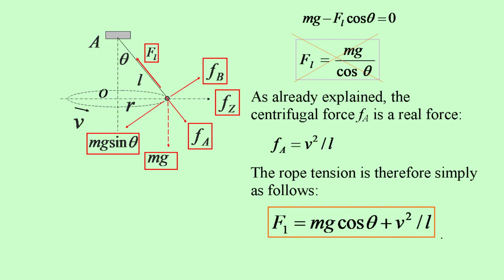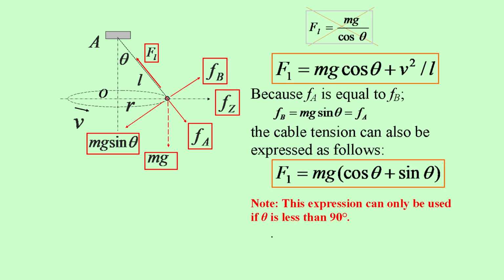The rope tension is therefore simply as follows. Because Fa is equal to Fb, the cable tension can also be expressed as follows. Note, this expression can only be used if theta is less than 90 degrees.